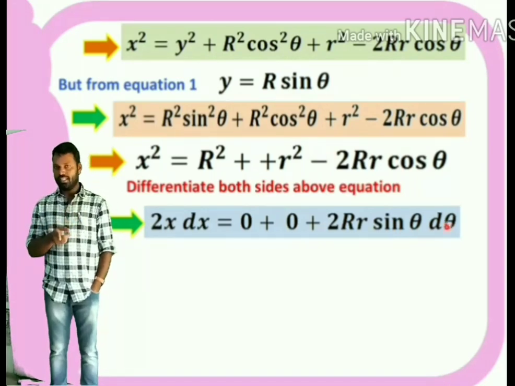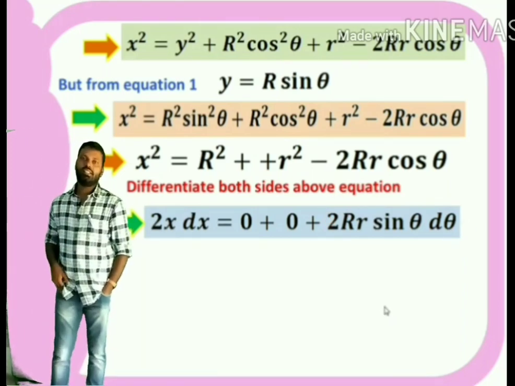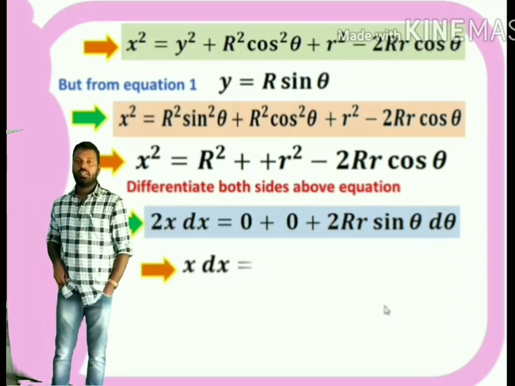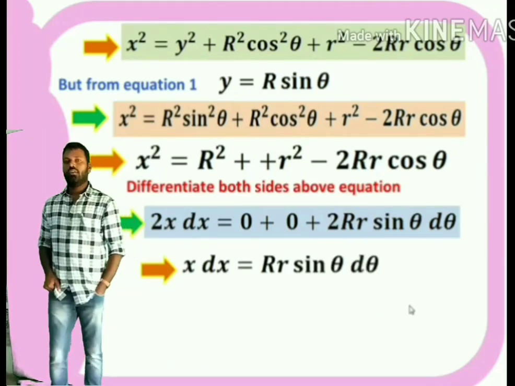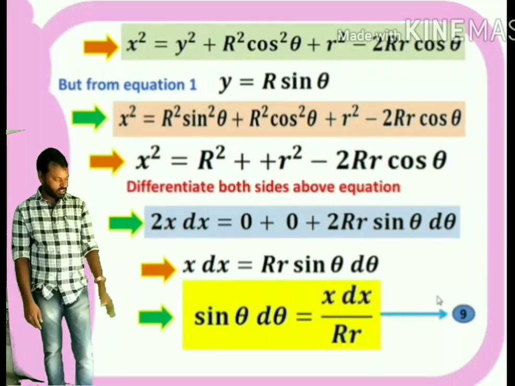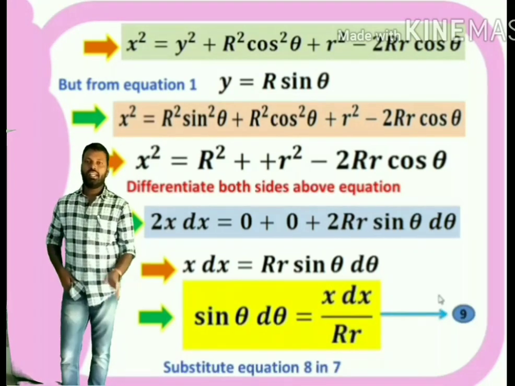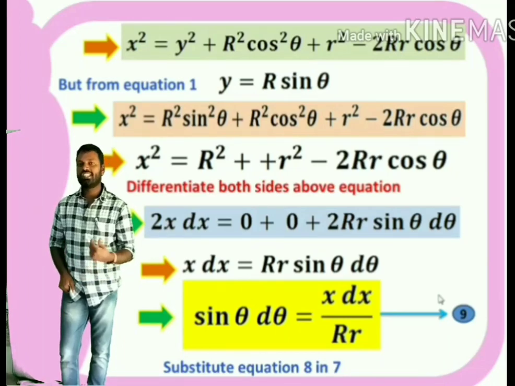Minus into minus is plus. So 2x dx is equal to 2Rr sin theta d theta. The 2 gets cancelled. X dx is equal to Rr sin theta d theta. From that, find sin theta d theta. Sin theta d theta is equal to x dx by Rr. This is equation number 9.